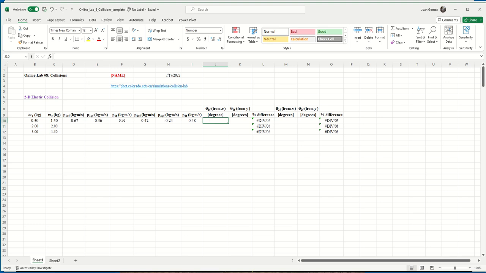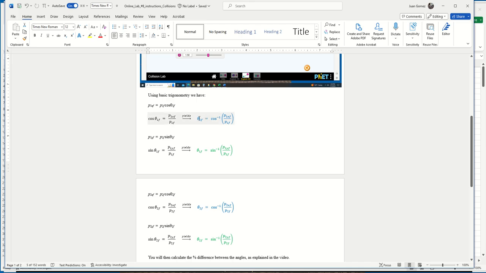Look at the instructions. It's the inverse cosine of P1X final over P1 final. So I need the inverse or arc cosine of P1X final over P1 final.